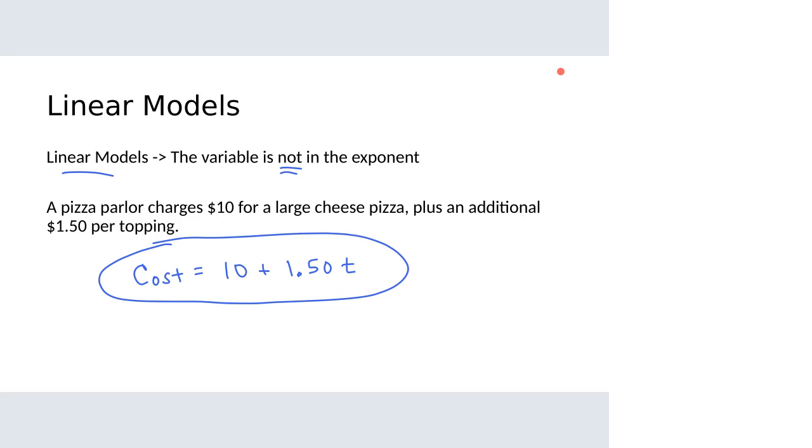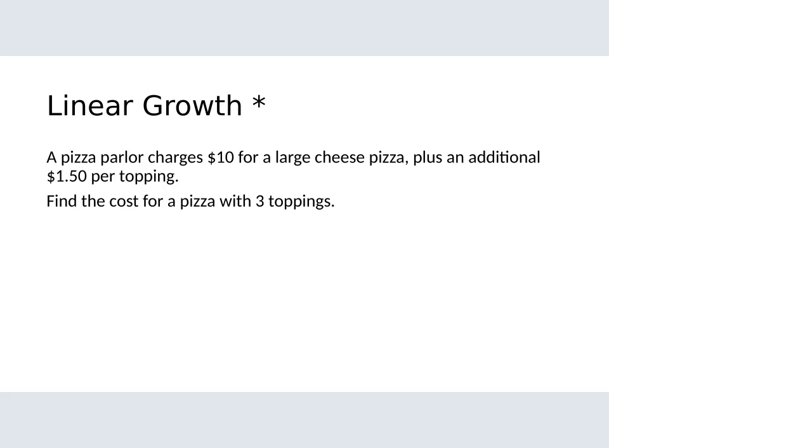We can use models like this to answer questions. Here's a poll for you. This pizza parlor charges $10 for a large cheese and $1.50 per topping. Find the cost for a pizza with 3 toppings. I'll make a poll for this, and you can let me know.